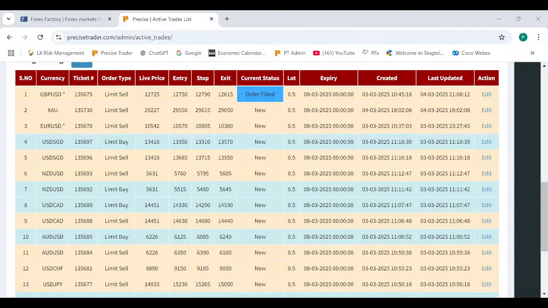I just want to enter a trade. Just give me a minute. Okay, so we only have open pound.